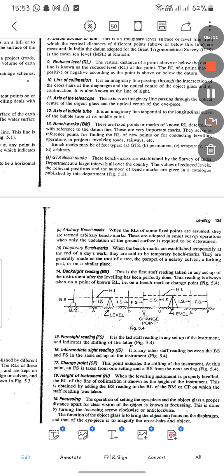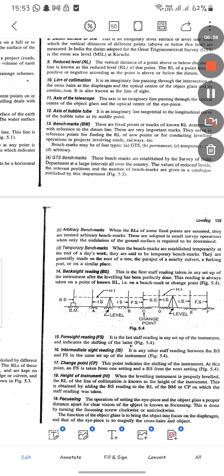Another one, we have the axis of the bubble tube. Axis of the bubble tube is an imaginary line tangential to the longitudinal curve of the bubble tube at its middle point.